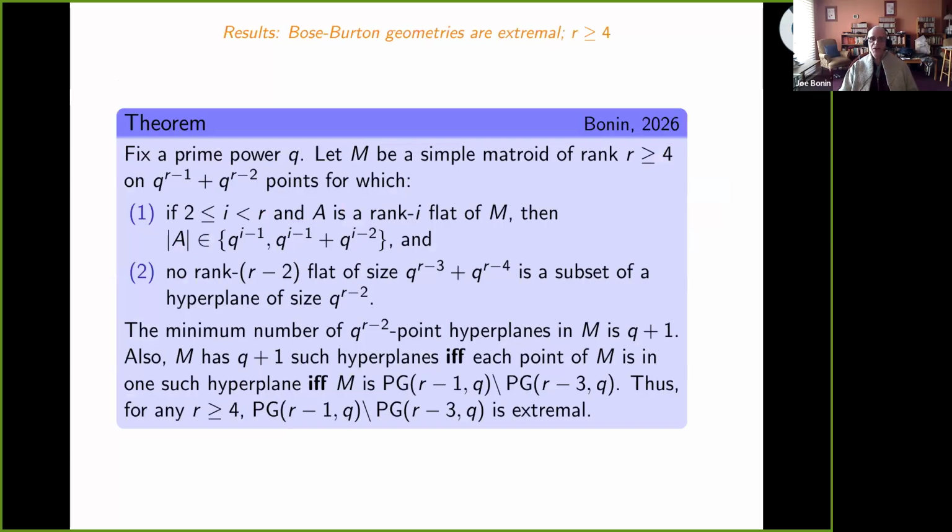Now, you can similarly deal with a projective geometry, remove a flat of rank R minus 2. It has the same flavor. It gets a little more involved. So I'm just flashing the result up there, but I don't think going through the details is going to be that exciting.